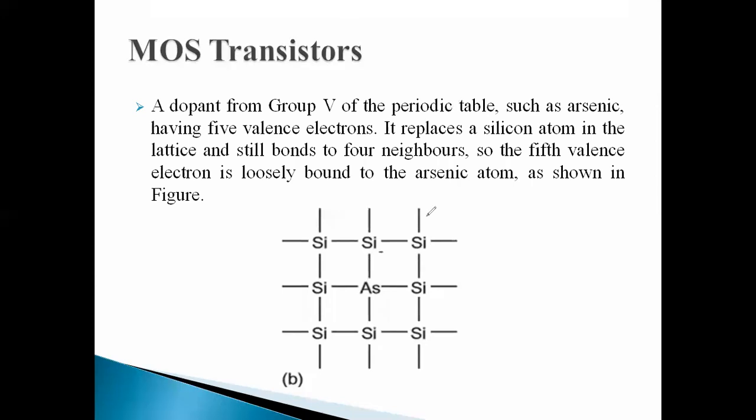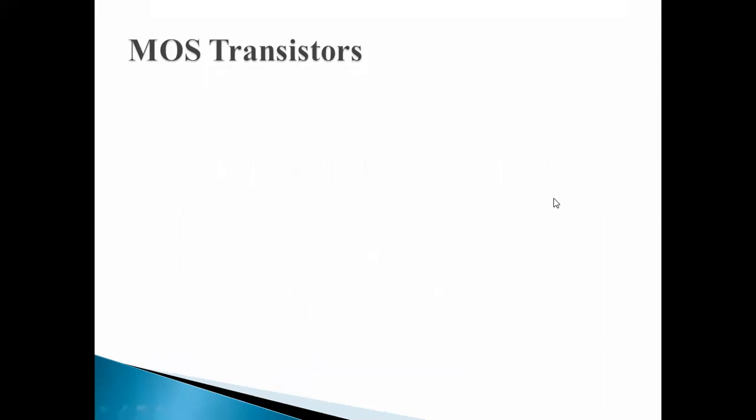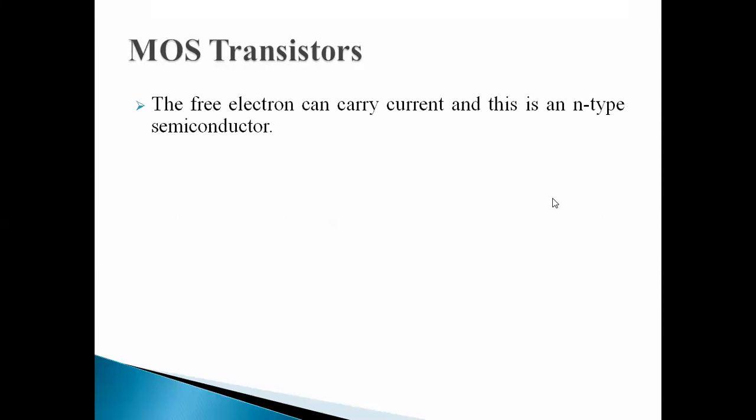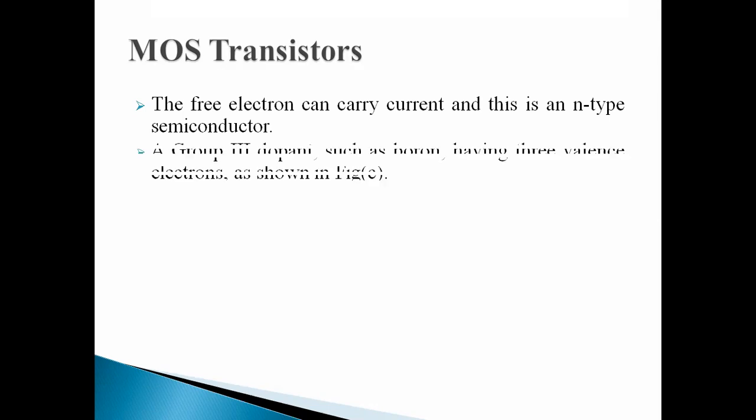Arsenic forms covalent bonds with 4 neighboring silicon atoms, but one of its electrons is left free. This kind of semiconductor, where electrons are the majority charge carriers, is called an N-type semiconductor. The free electron can carry current, and hence it is called N-type.